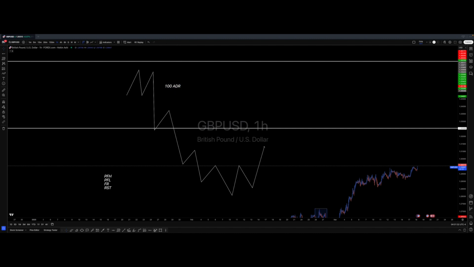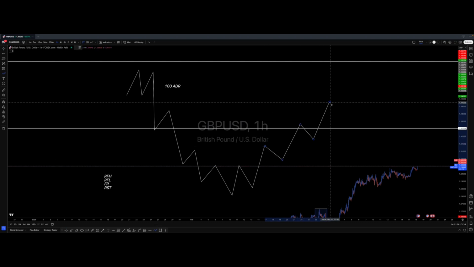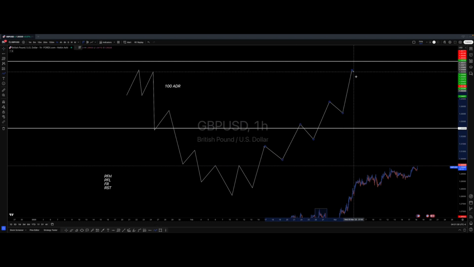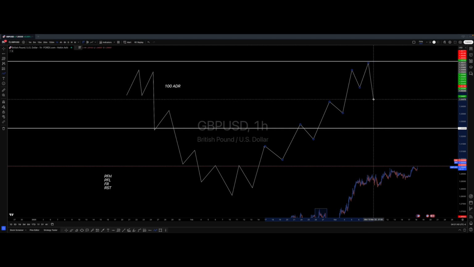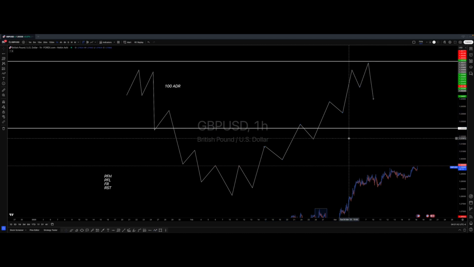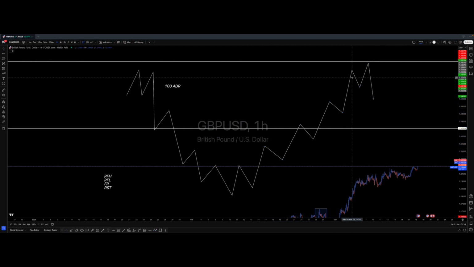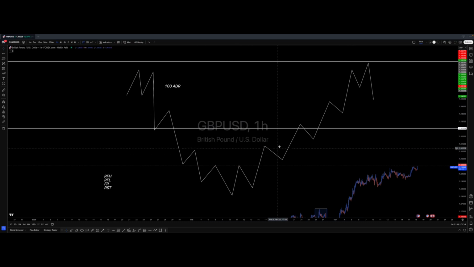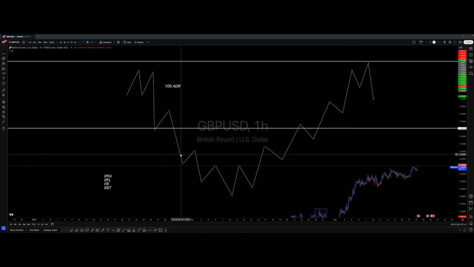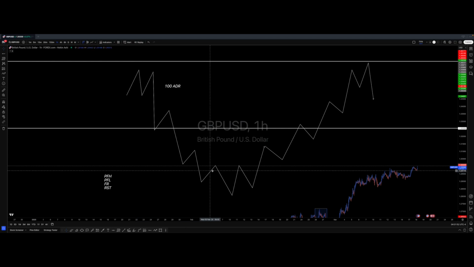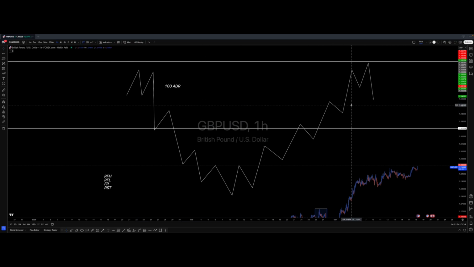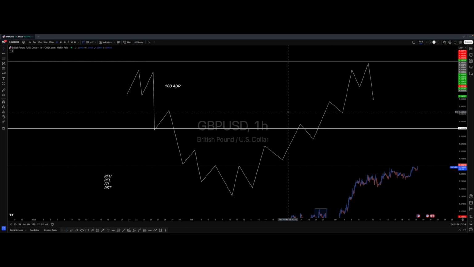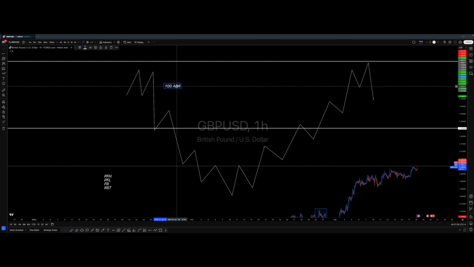Now let's say we have another cycle happen. Here's the next cycle after it. Just because the previous cycle had 100 ADR doesn't mean the next cycle is going to have the same ADR.